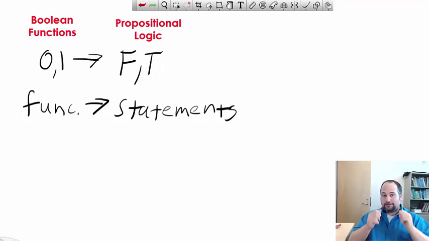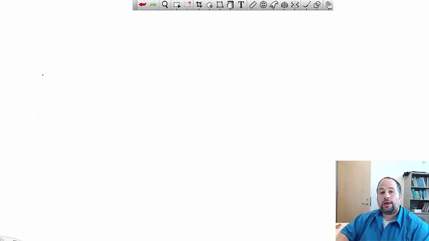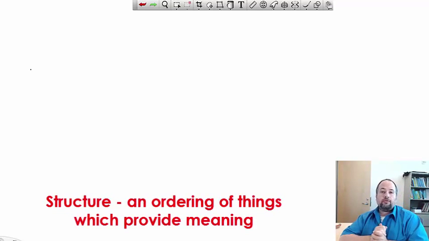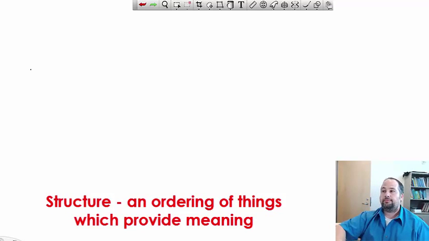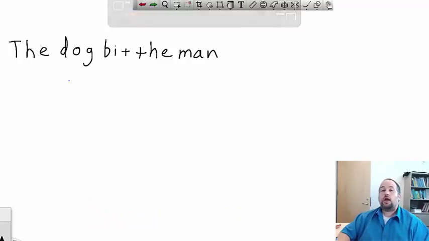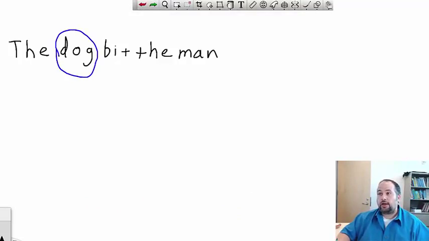That's the important thing. We're concerned quite a bit with form when we talk about logical statements. And I want you to understand the difference between form and structure. Structure involves an ordering of things, and the ordering provides meaning. For example, we all know that the subject in this sentence is the dog, because the dog is doing the action.